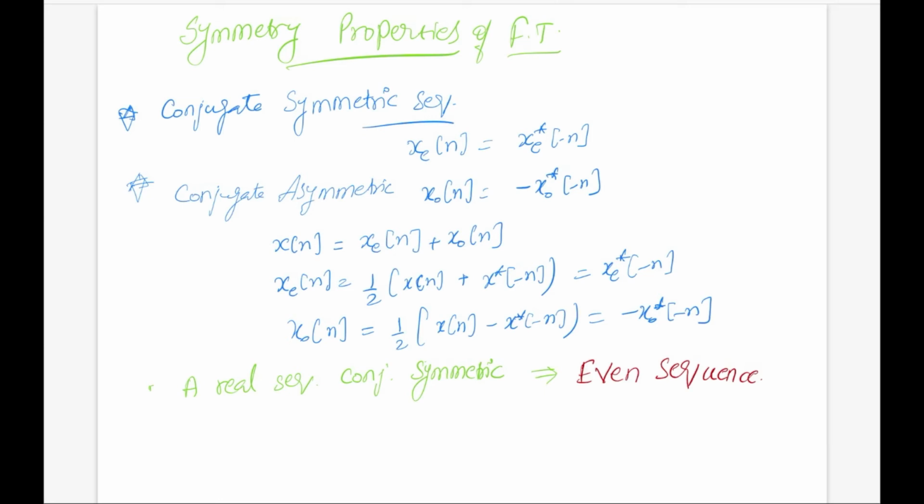On the other hand, a real sequence which is conjugate antisymmetric is an odd sequence. You can actually verify it from the above equations. This is just to understand the properties. I want to mention them, otherwise verification of them is very easy.